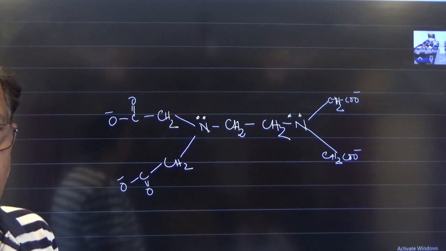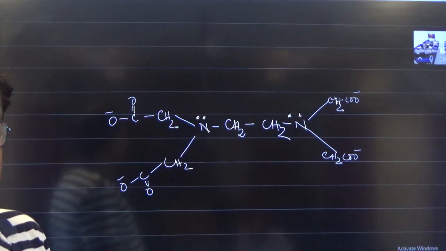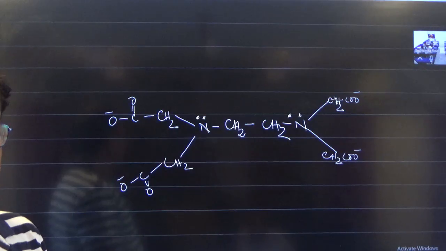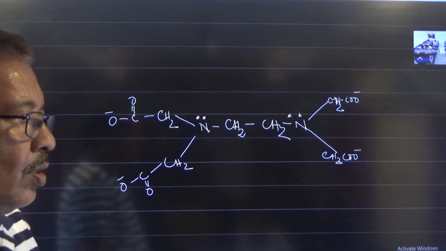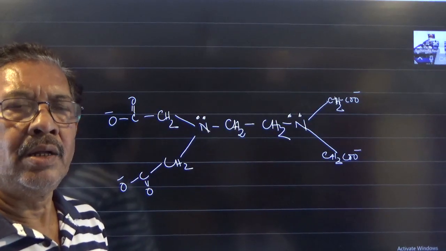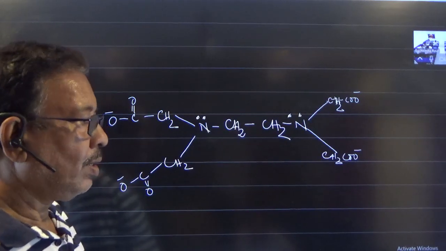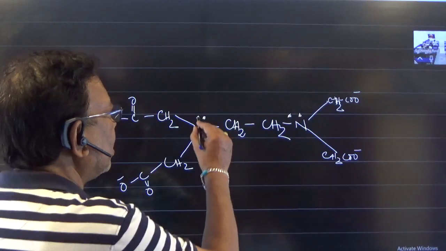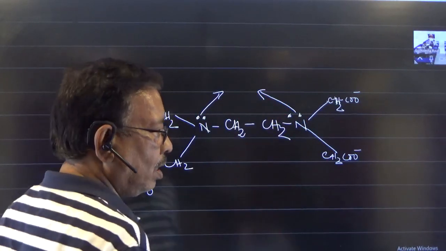Ethylene diamine tetraacetate. Who can say from which atom there will be donation? Nitrogen. Okay, nitrogen 1, nitrogen 2. That is bidentate.